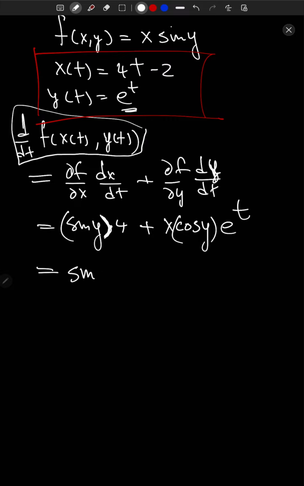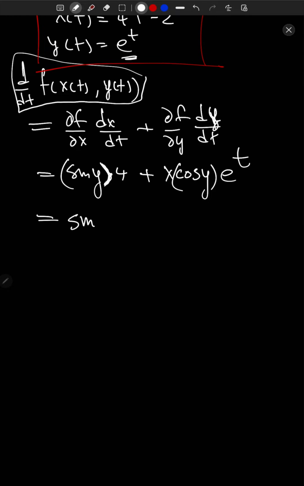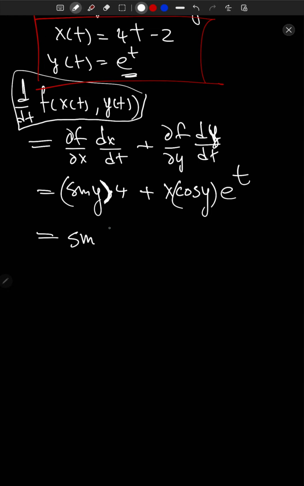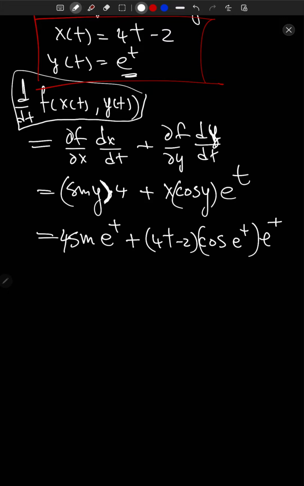So ultimately, if we did want everything in terms of t's, then we would just write sine e to the t times 4 plus 4t minus 2 times cosine of e to the t, and then times e to the t. All right. So once you've done a few of these, the computations go really fast.